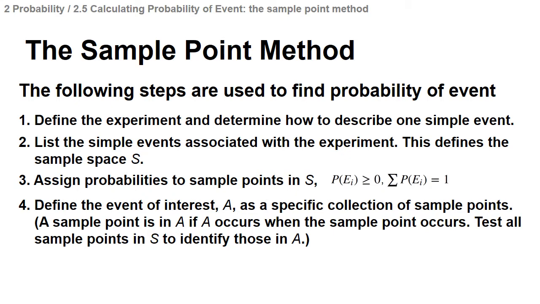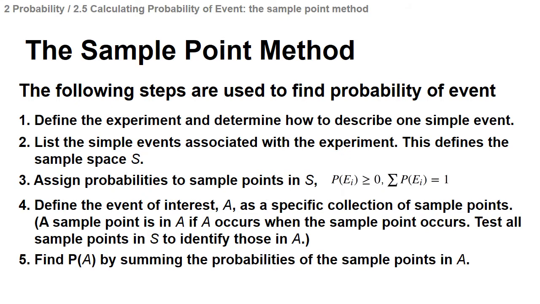A sample point is in A if A occurs when the sample point occurs. Test all sample points in S to identify those in A. This is how we define the set A, the set of interest.